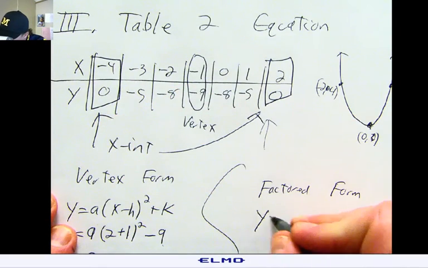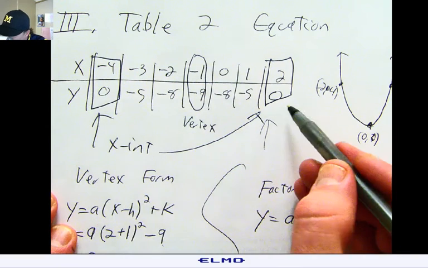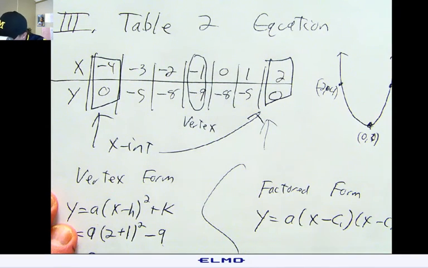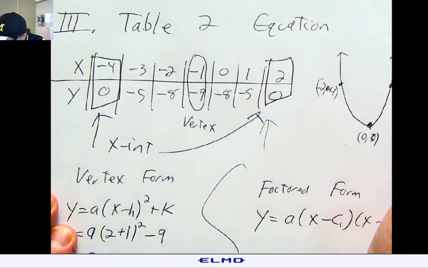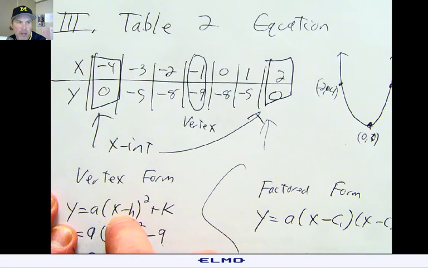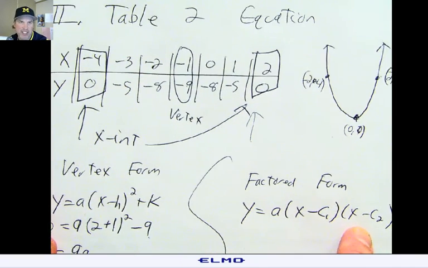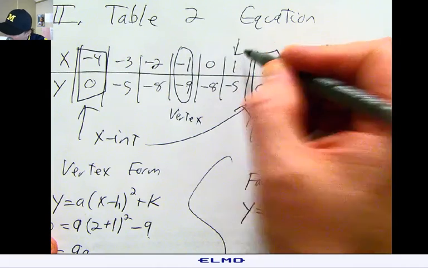So factored form, y equals a parentheses x minus c1, x minus c2. And then I need to also plug in another point. I can't use 2, 0 now like I used it in vertex form because I'm using it as an x-intercept. So I need to pick a third point. I'm going to use 1, negative 5.